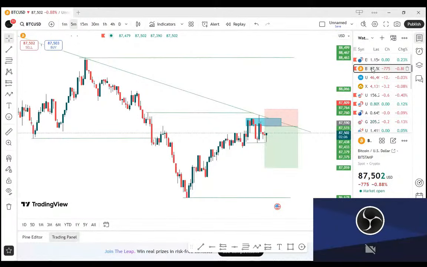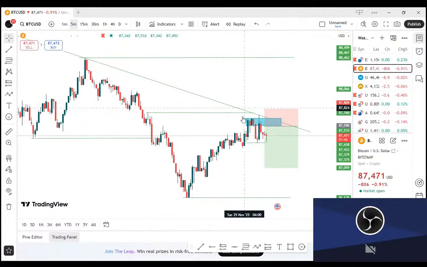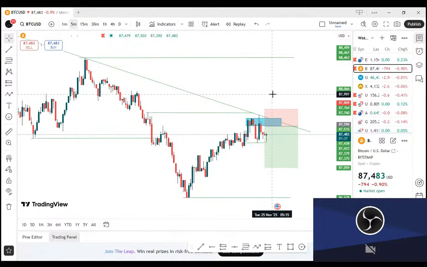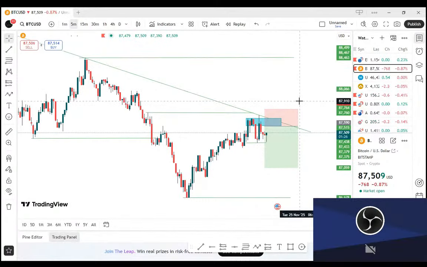All right. The buyers, the sellers are rejecting this a lot. So once price comes to this one, there was a rejection, a striking.